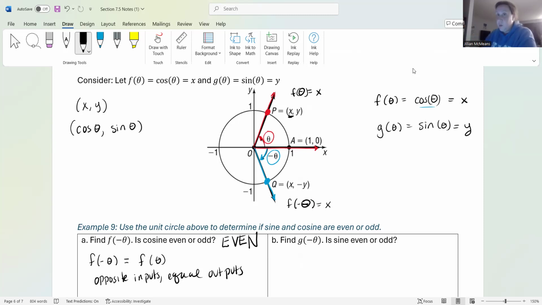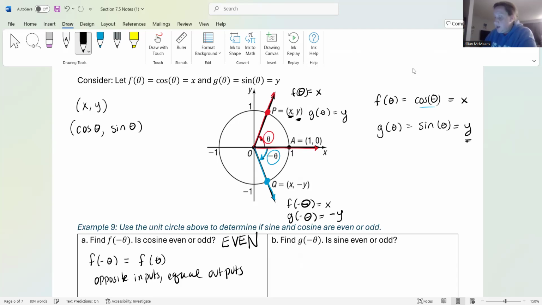Now, we know that when we're on the unit circle, sine corresponds to the y coordinate of those ordered pairs on the unit circle. So when we evaluate g of theta, g of theta equals y. We have that right here. Now, when we go down here and evaluate the blue angle, which is negative theta, we find that g of negative theta is now negative y.